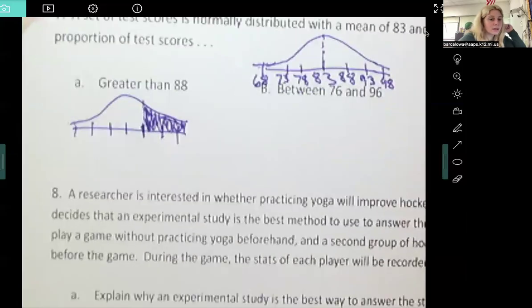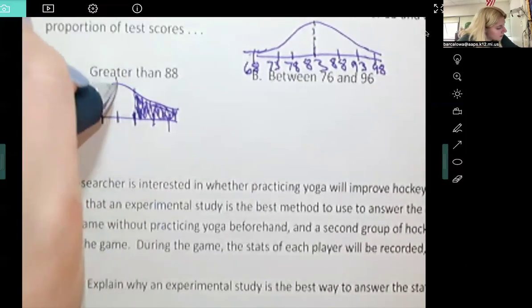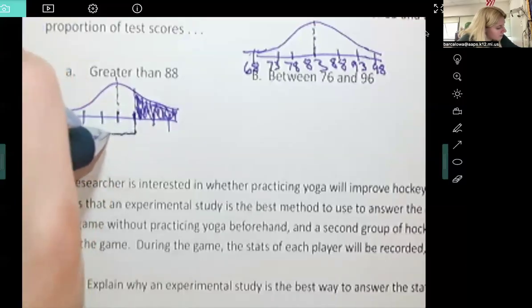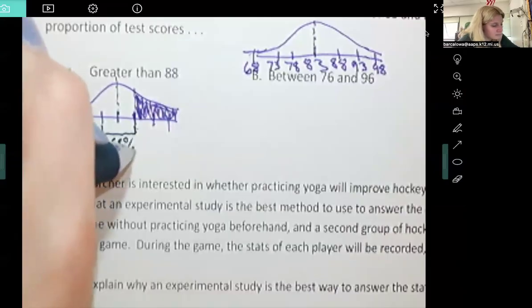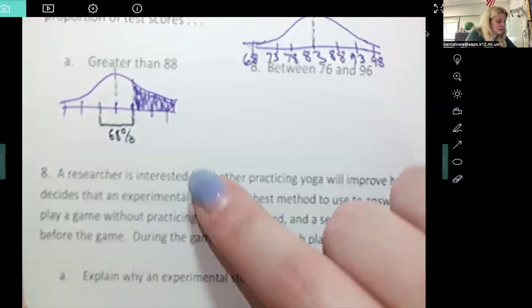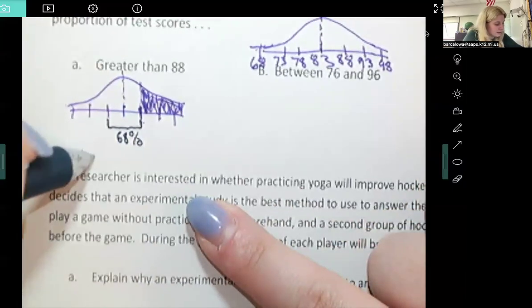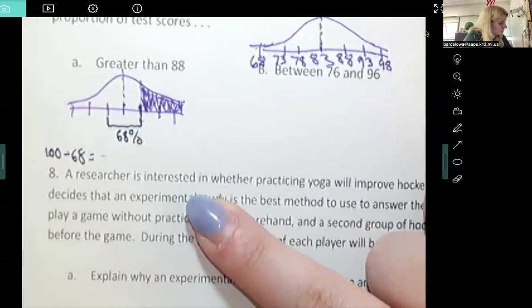There's a couple different ways you can think about this. I know that this part within 1 standard deviation of the mean is 68%. One way you can do this is say, well, 100% minus 68 is, what is that, 34?